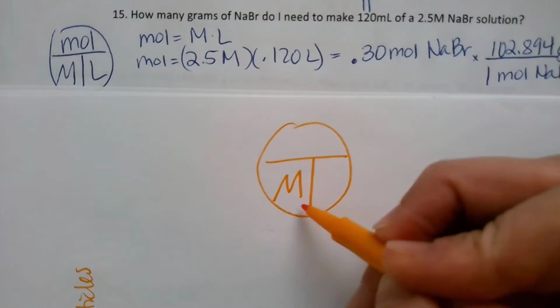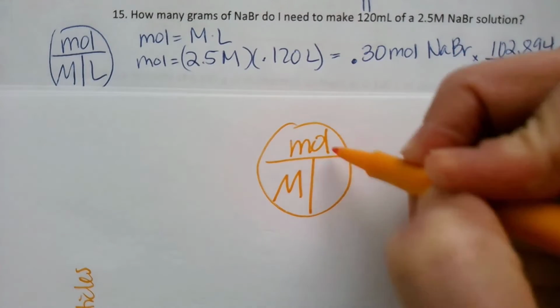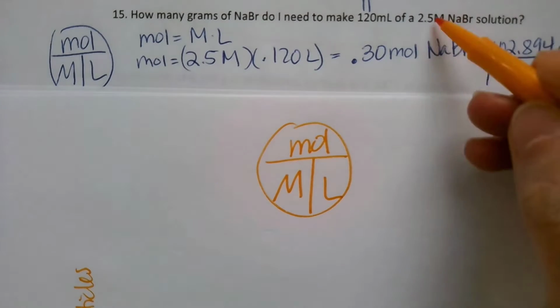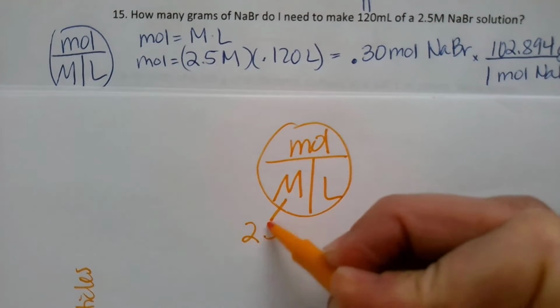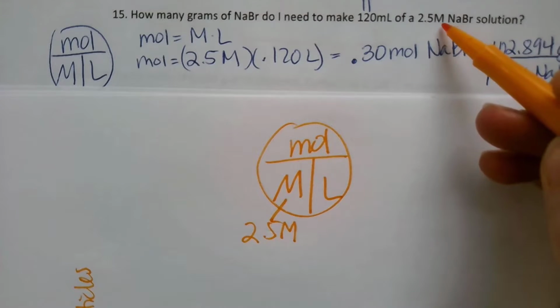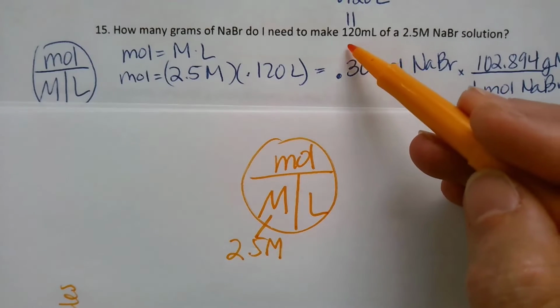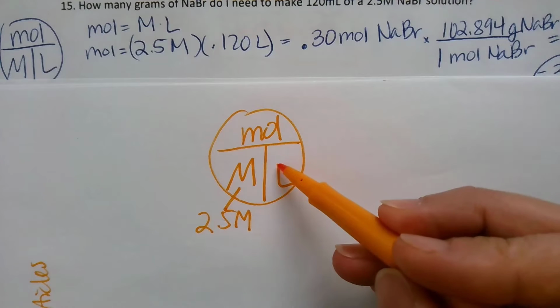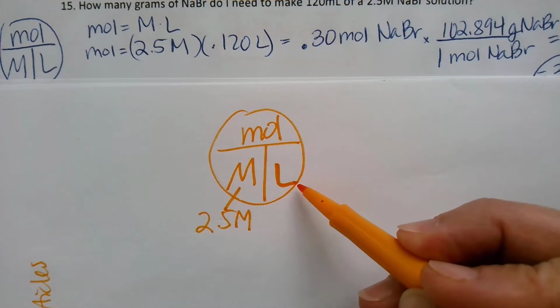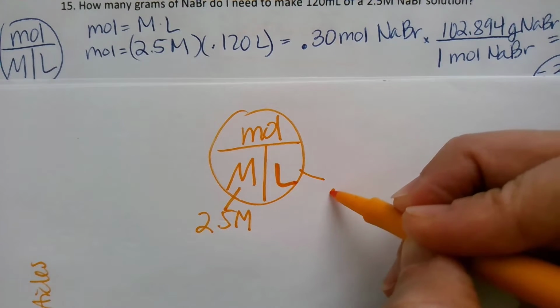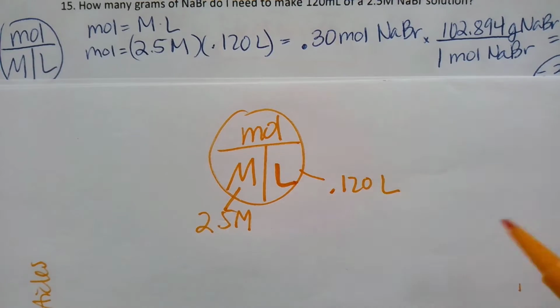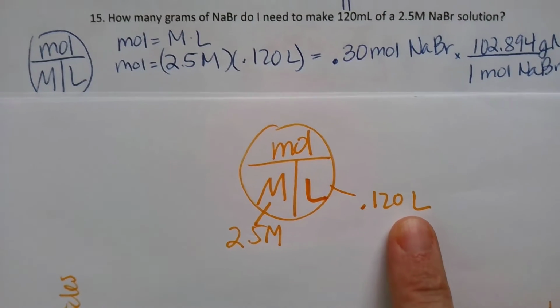And remember, molarity, concentration, is moles divided by liters. So I'm given 2.5 molar solution, and I'm given 120 milliliters, which we need in liters. So I'm going to say that that's 0.120 liters of solution.